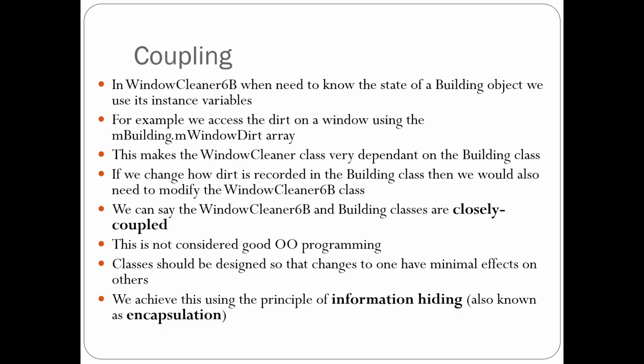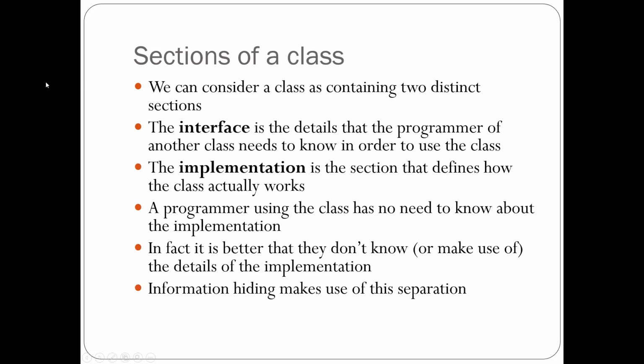So we have to separate our objects into separate classes, and we only let other objects access information in a very controlled way, and we do it through a principle called information hiding, or another term that's used quite a lot is encapsulation.